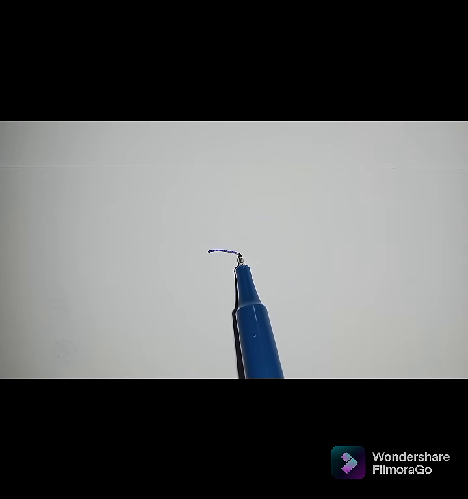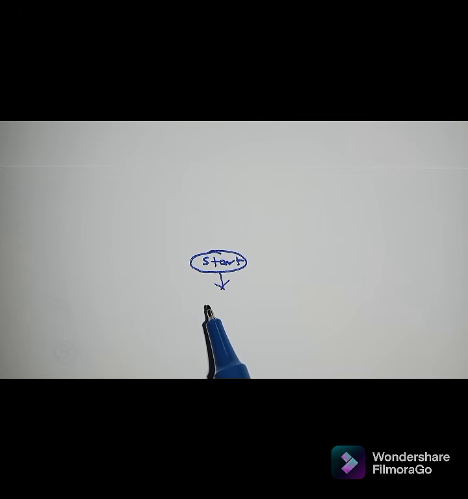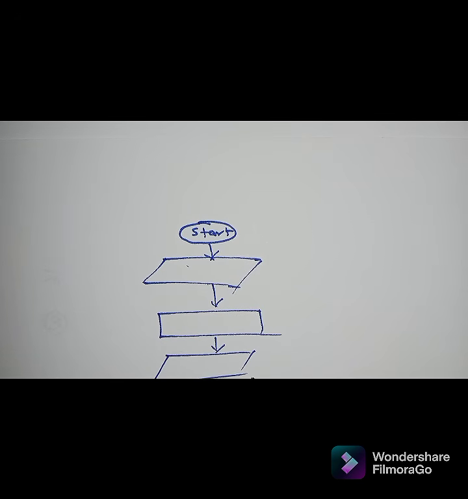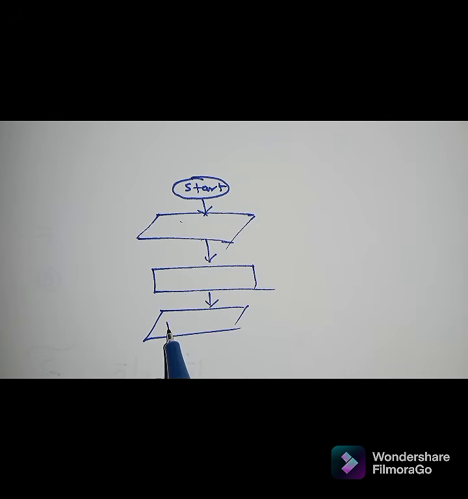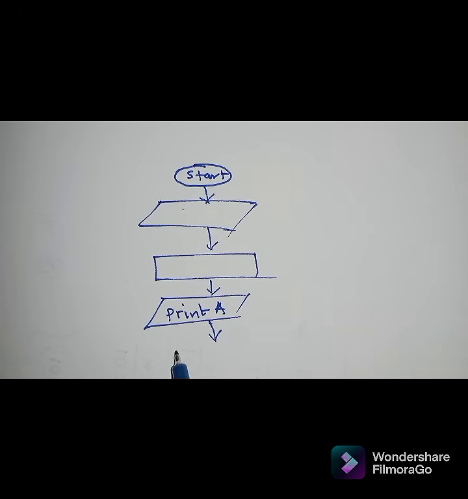So for B, we have this start. If you've seen the question nicely, there is a rectangle, and here there is a parallelogram, and in this parallelogram there is a print A. Here there is an oval shape which says stop.